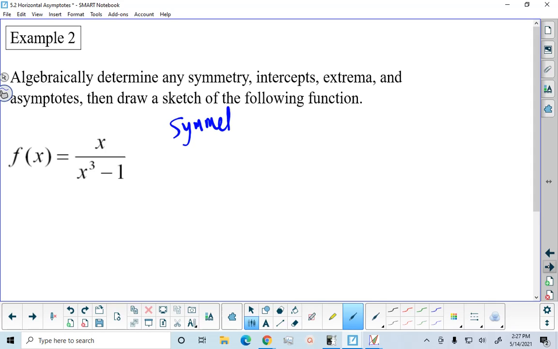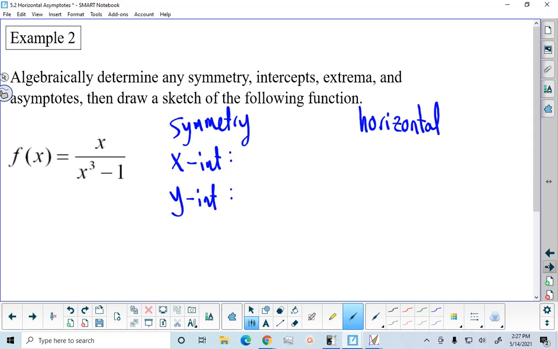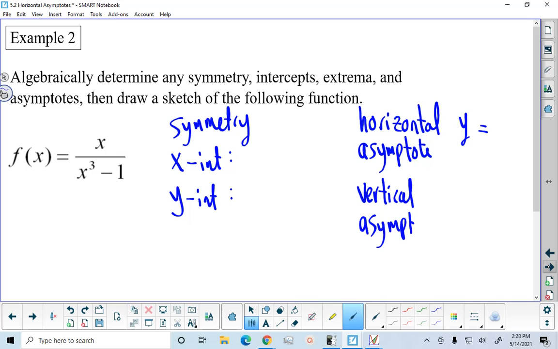Symmetry, x-intercept, y-intercept, horizontal asymptote, which if it exists is that y equals something, vertical asymptotes, which if it or they exist will be at x equals something.